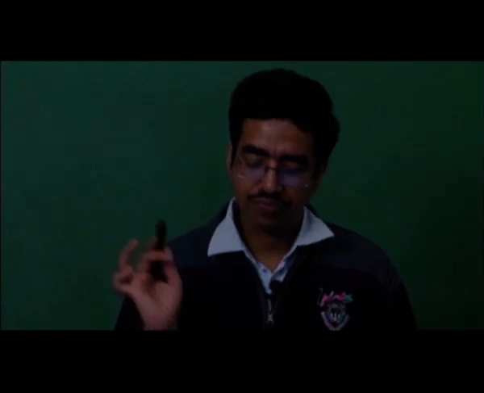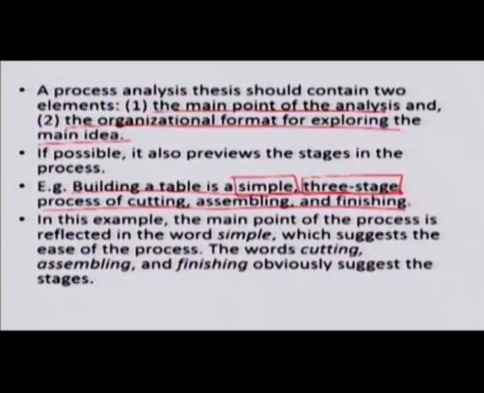It also mentions there are mainly 3 stages, and they are listed here: cutting, assembling and finishing. So, you can expect that each of these things is taken up in 3 successive paragraphs.